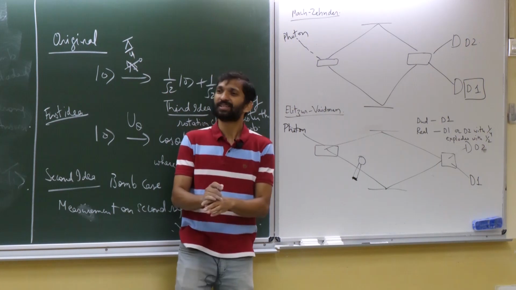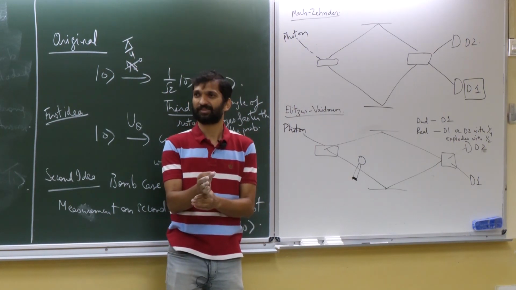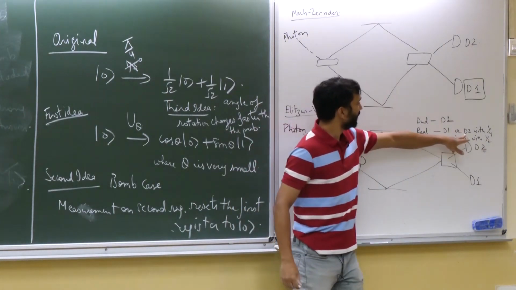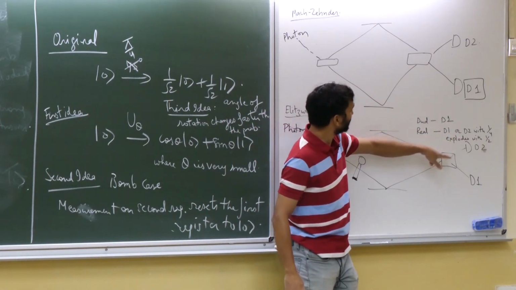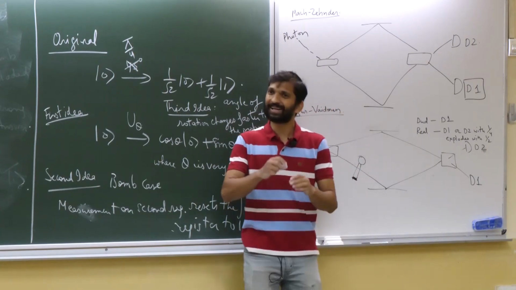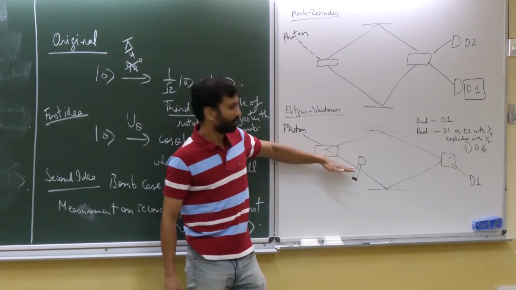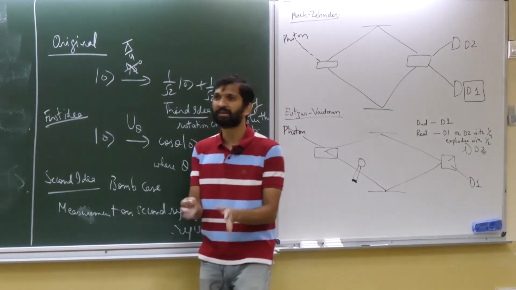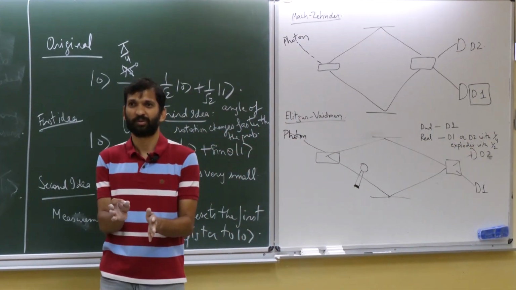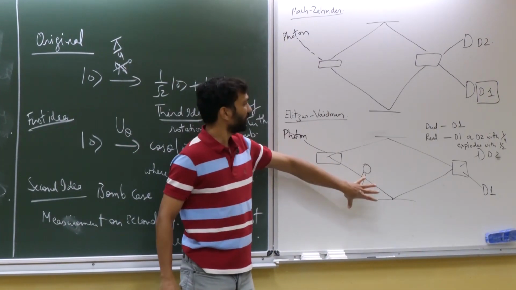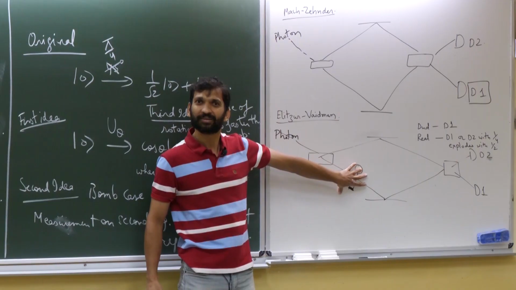But my difference is not really precise, in the sense that if I measure at D2, then clearly I know that I'm in this case. But if I measure D1, then I don't know. Instead of bomb, can I put something here?